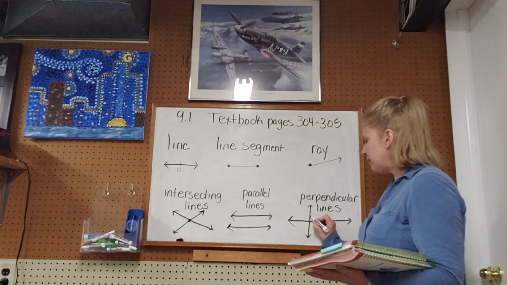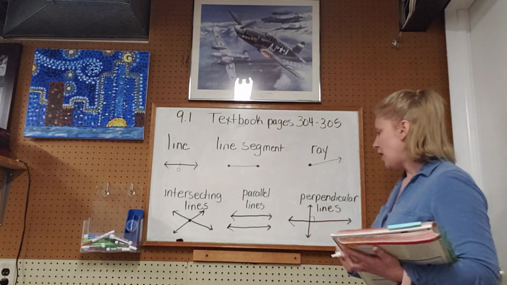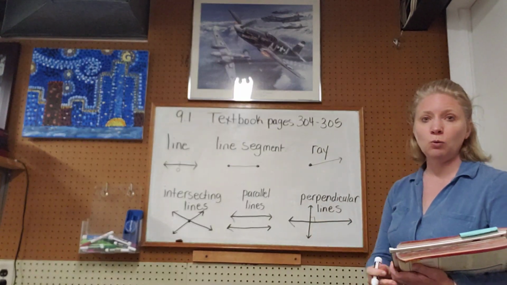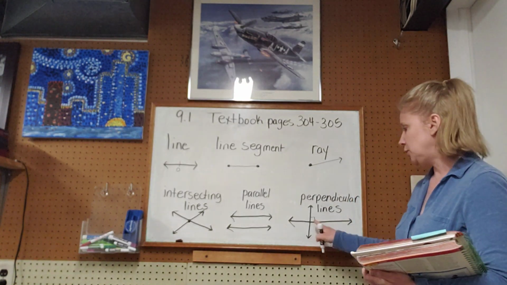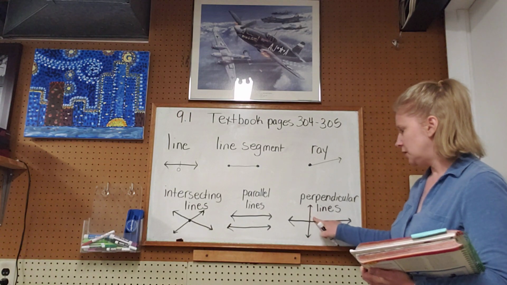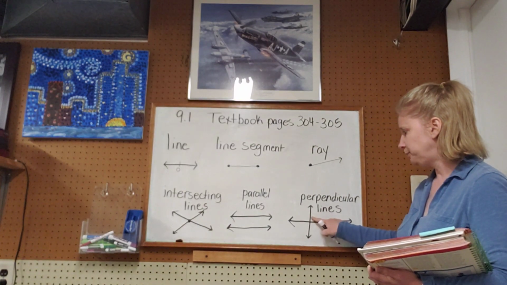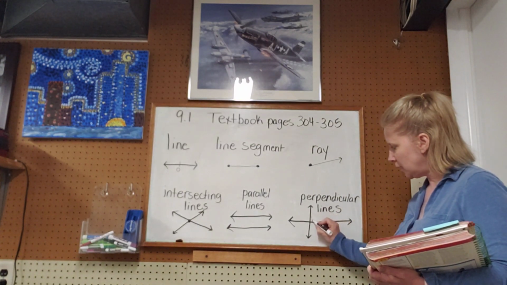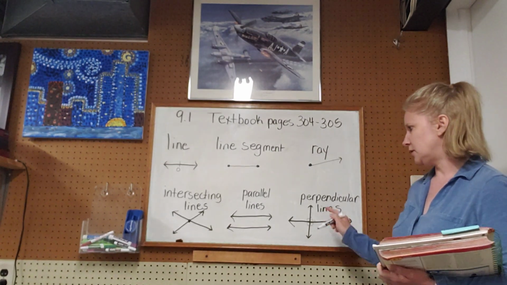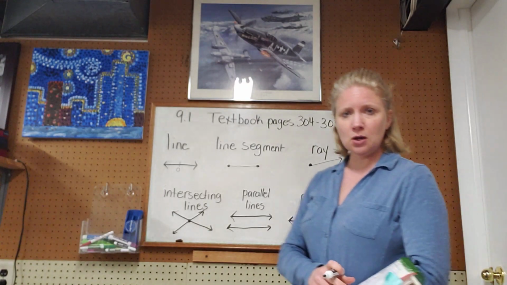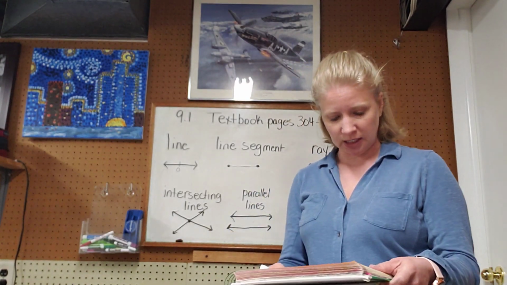So when we start talking about angles, you'll know that perpendicular lines make a right angle. So you don't have to worry about that yet, but you will soon. You'll understand what that means. So you can see that there's a corner, there's a corner, there's a corner, and there's a corner. So that's perpendicular lines.